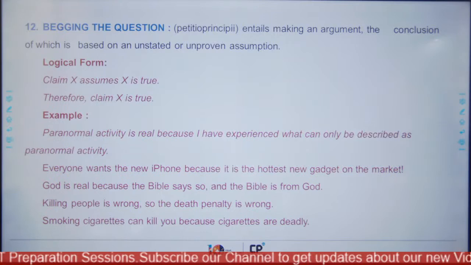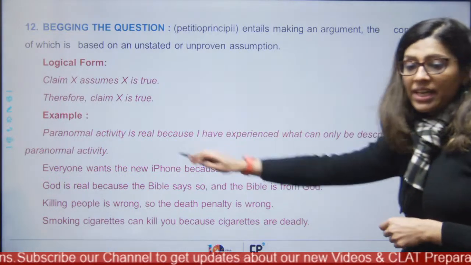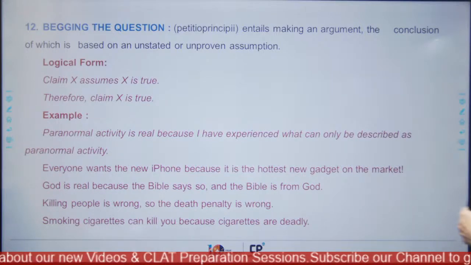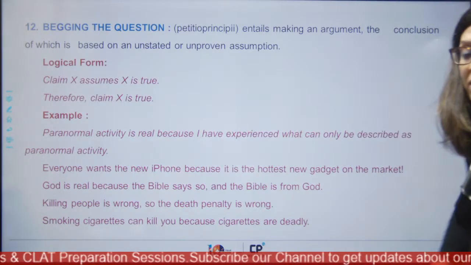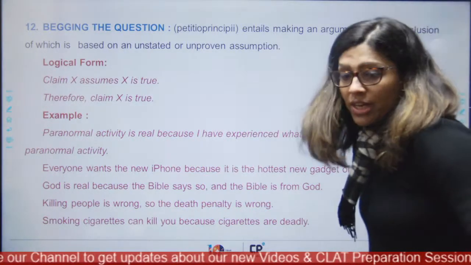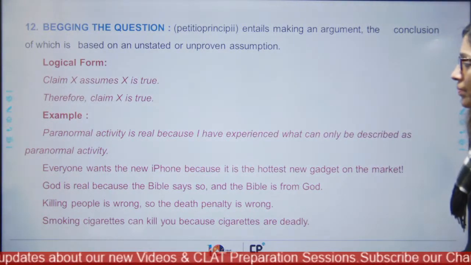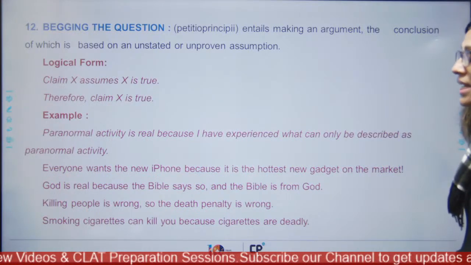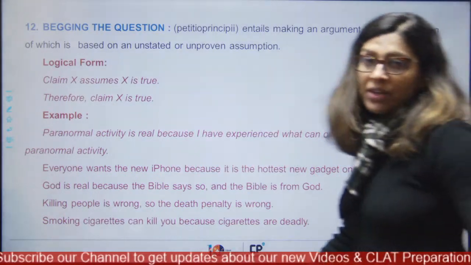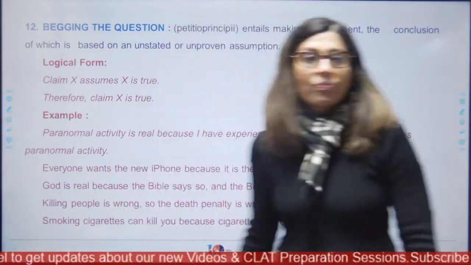Look at the first scenario. Paranormal activity is real because I have experienced what can only be described as paranormal activity. Is there any premise in this first argument? My conclusion is paranormal activity is real. And what is the reason behind it? Because I have experienced it. You know?